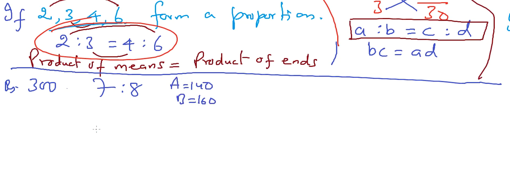Same way, suppose the question is A and B get the share amount in the ratio 7:8.